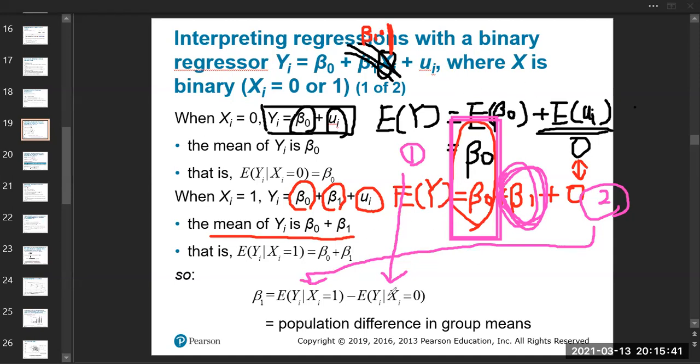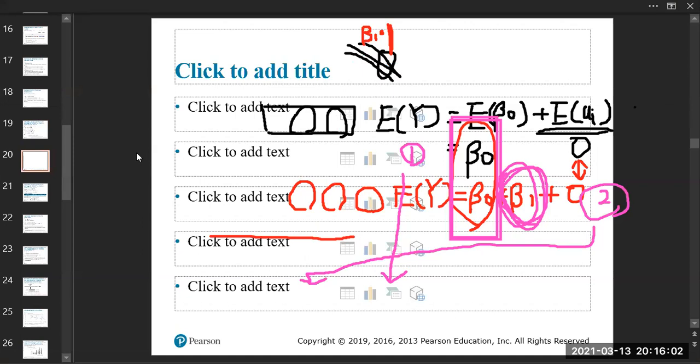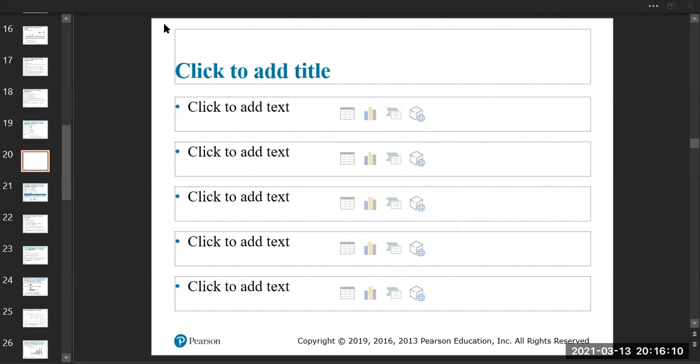Some people are into math, so they should be very comfortable with this page. But some people like graphs, so I'm going to show you what the graph looks like. Let's use a new slide.